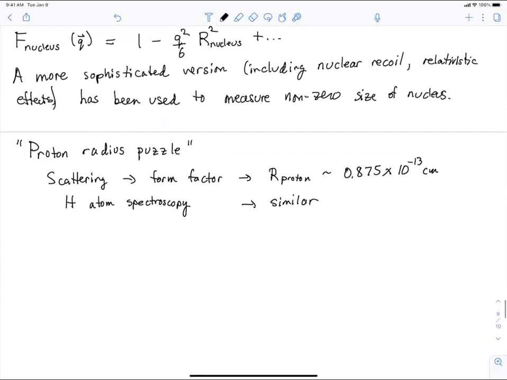But if you do muons with protons and you look for resonances, which should in principle give you the same thing, and there's a lot of details here that require some care, but you get a slightly smaller number.